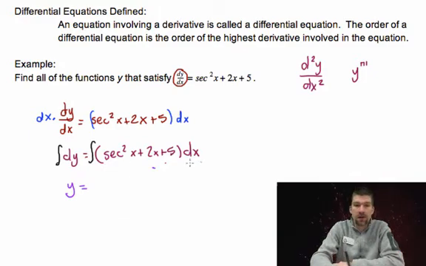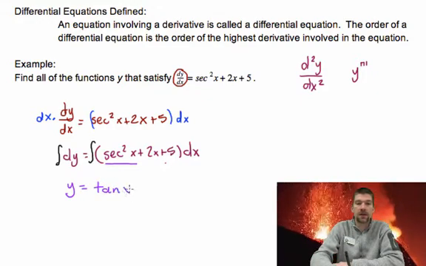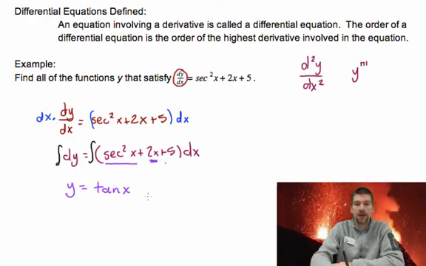If we integrate the right-hand side, what we're wanting to say is: the derivative of what is secant squared x? The derivative of tangent x is secant squared x. The derivative of what is 2x? That would be the derivative of x squared.